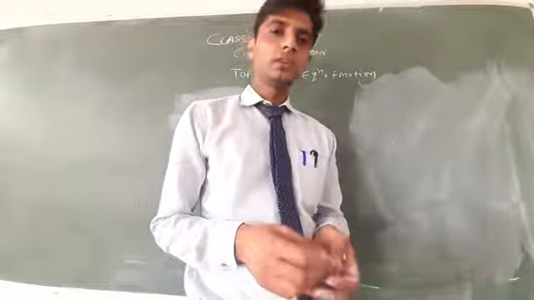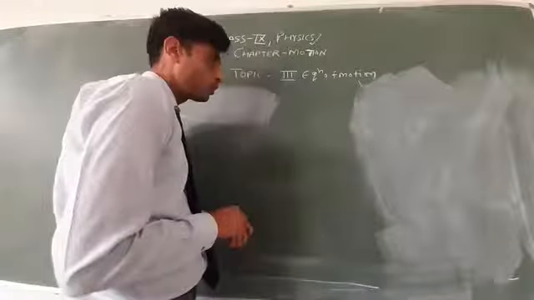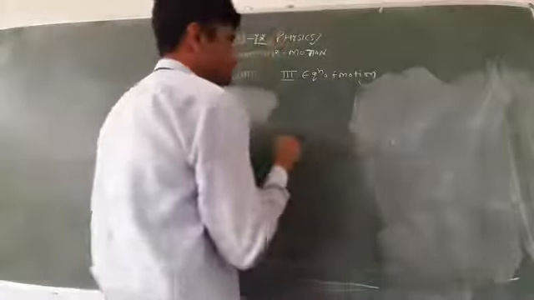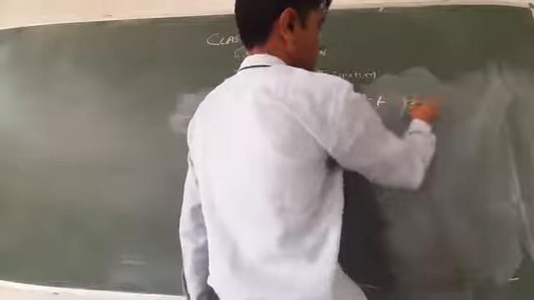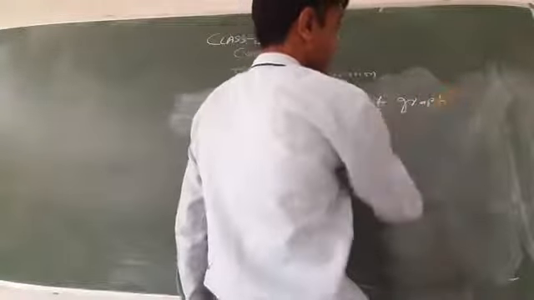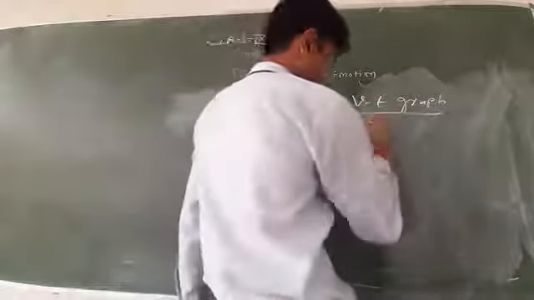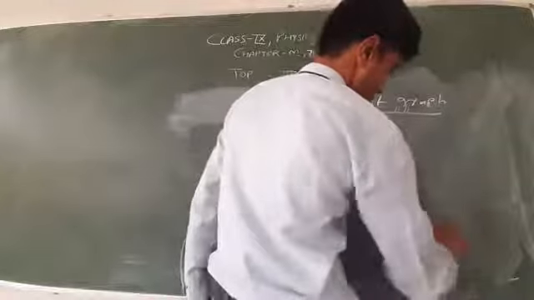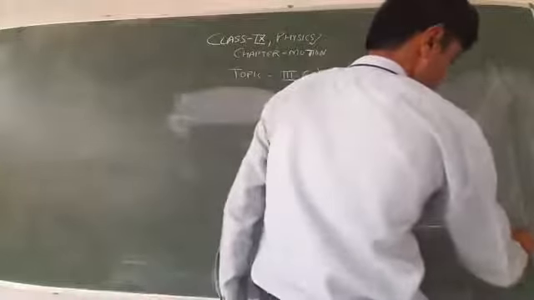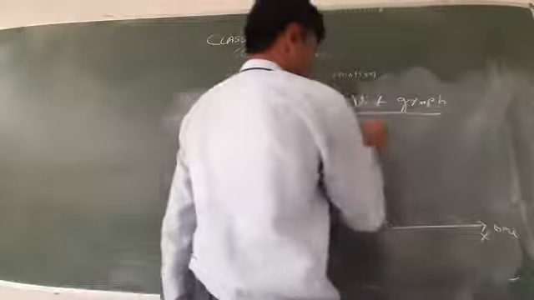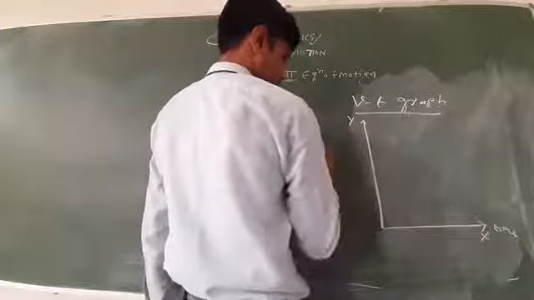To derive the third equation of motion, first of all we have to draw the VT graph. This is a velocity time graph. To draw it, let your x-axis represent time and y-axis represent velocity.